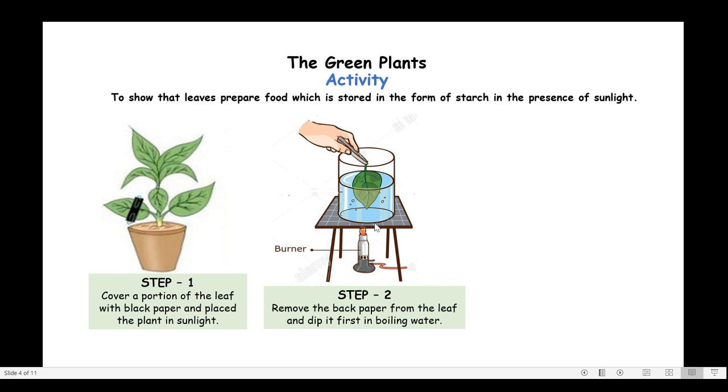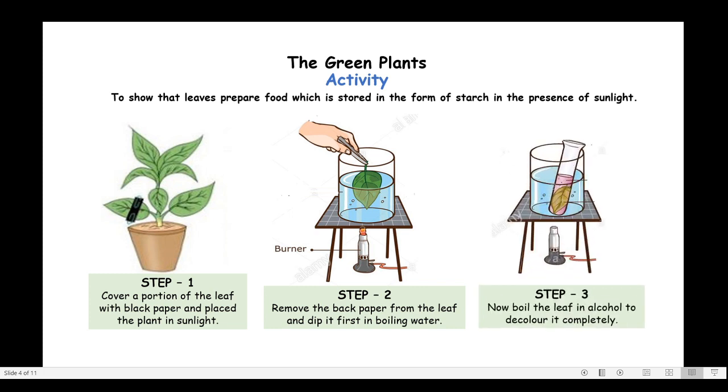This is the wire gauge here, this is a burner here. First of all, remove the black paper from the leaf and dip it in the boiling water. We'll boil it in the water just to make it tender, and we'll not boil it for a long time because it will damage the cells of the leaves.